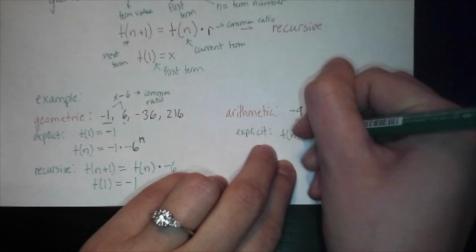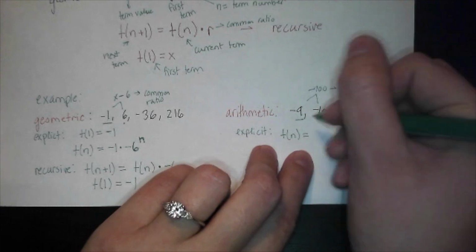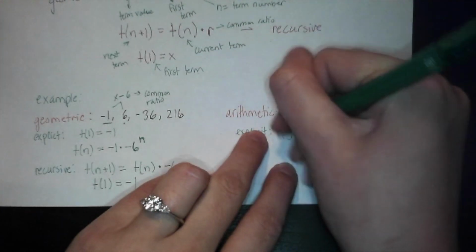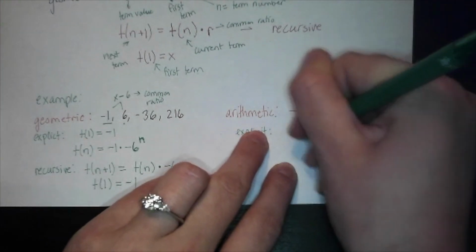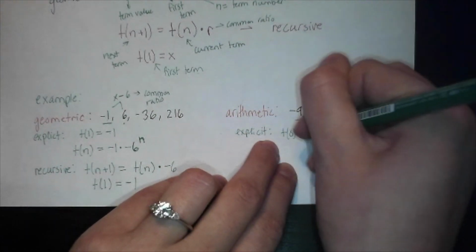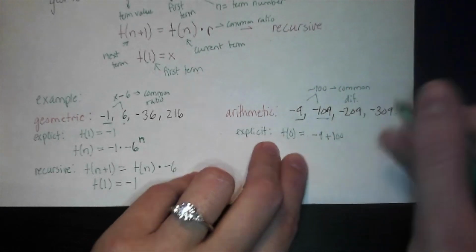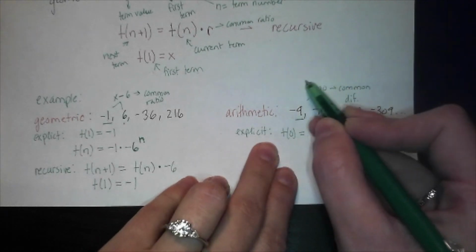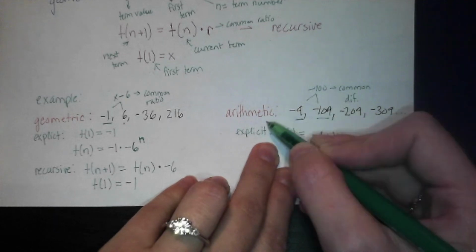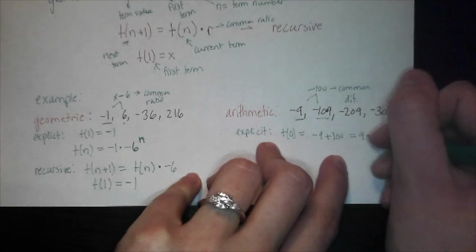And to write our explicit equation, we follow the form given above. T of n equals mn plus t of 0. Let's actually really quickly find our 0 term before we do that. So t of 0 is actually going to equal -9 plus 100. So we're going to do the opposite operation of subtracting 100 to get to our 0 term.